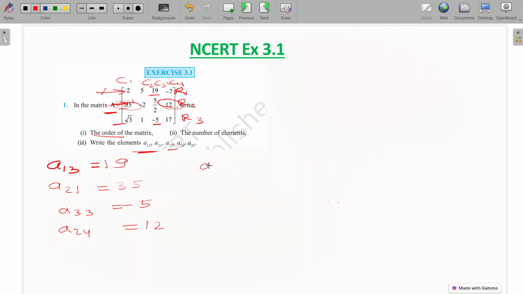Now it is asking for one more element, a23. So a23 is the second row, third column. So it will be 5 by 2. You can see this is the second row and third column. So this is the answer. Let's move on to the next question.